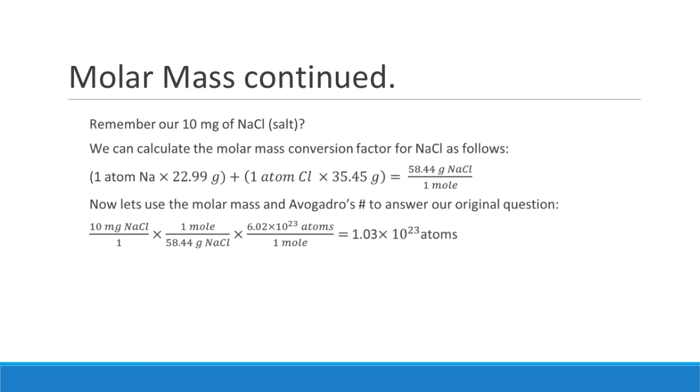So remember our 10 milligrams of salt. We can calculate the molar mass conversion factor for NaCl as follows. The molar mass conversion factor is just the molar mass of salt, and NaCl is just basic table salt.